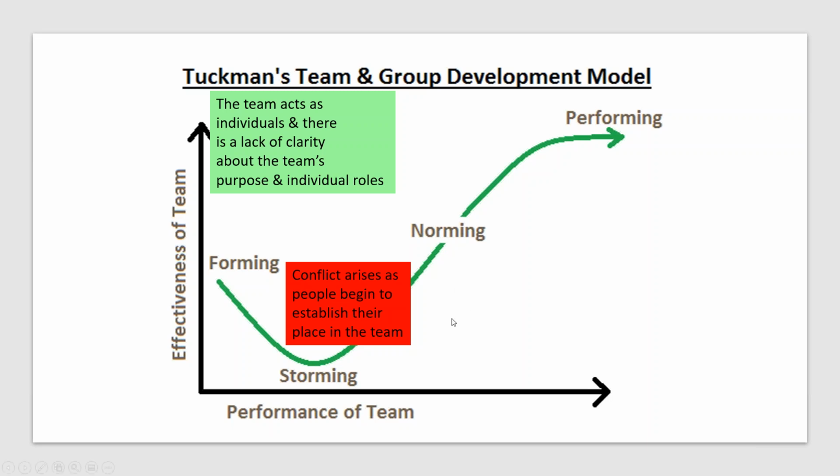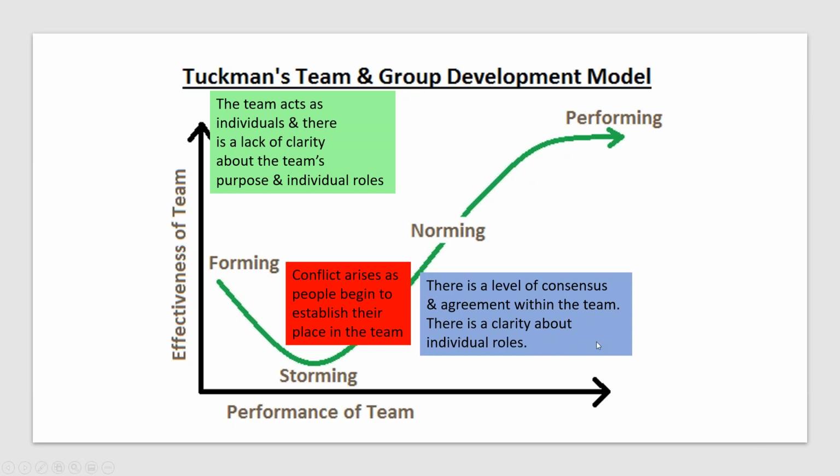Now, if you get to the, and I hope you do, you get to the norming stage, productivity actually does increase, but it's not at high performance. It's basically a level of consensus and agreement within the team. There is a clarity about people's individual roles. They know what they're doing, but they're not really operating at a high level. Now, I think lots of teams in the world of work are actually operating at the norming stage.